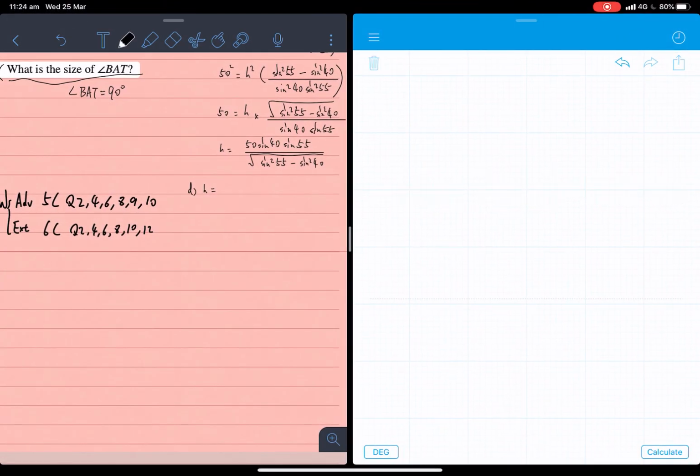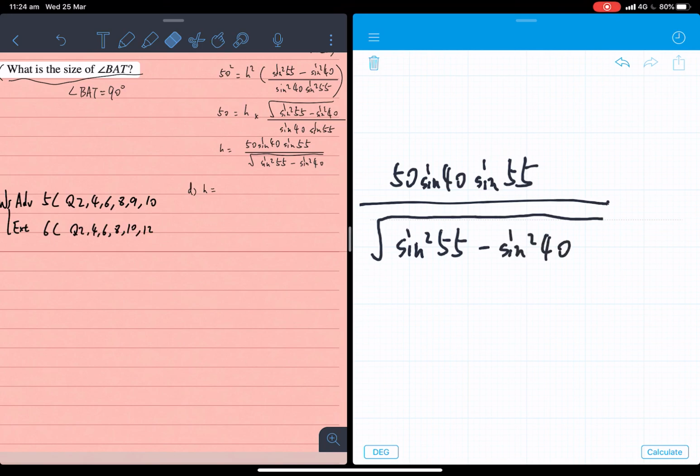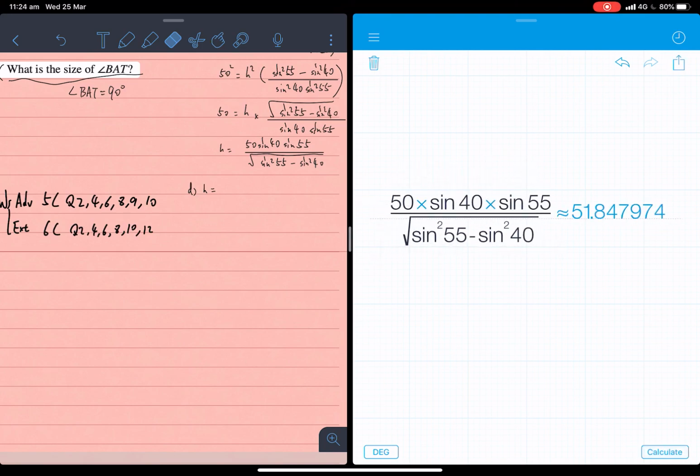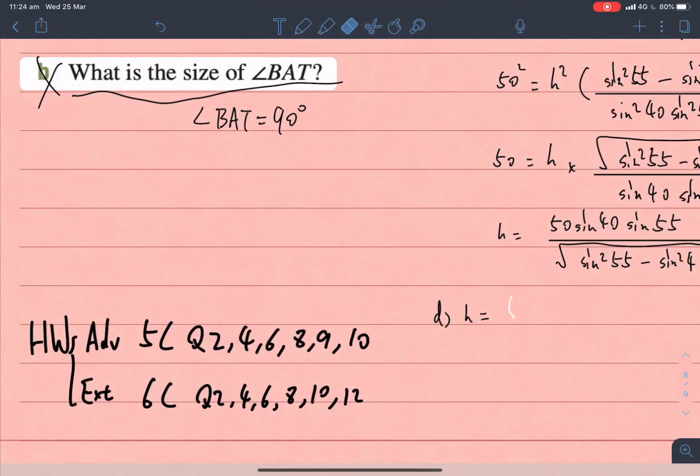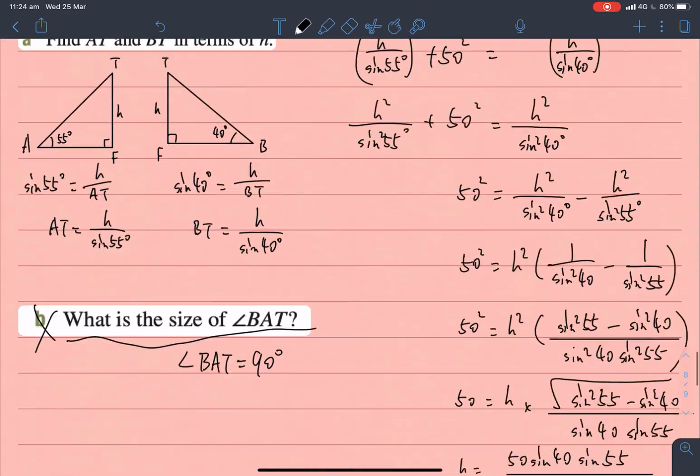So 50 sine 40 sine 55 divided by the square root of sine square 55 minus sine square 40 being 52. It's 52 meters. Okay, that should be it.